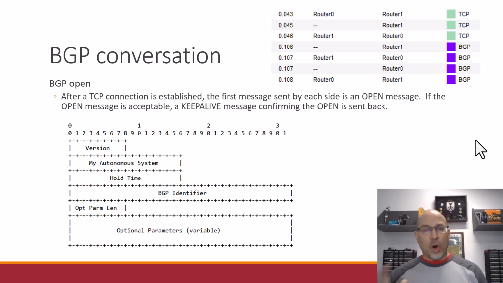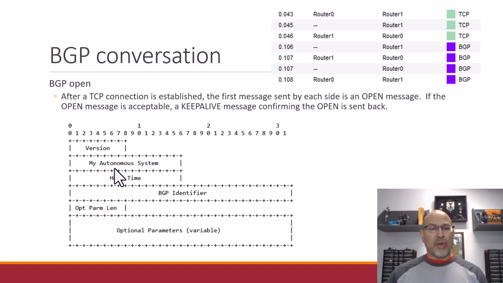BGP open is very straightforward. It is going to be, I've established TCP, and now I'm going to issue an open connection where we want to start swapping BGP information. The header is very straightforward. There's a base header for BGP, maybe we'll talk about that later on.